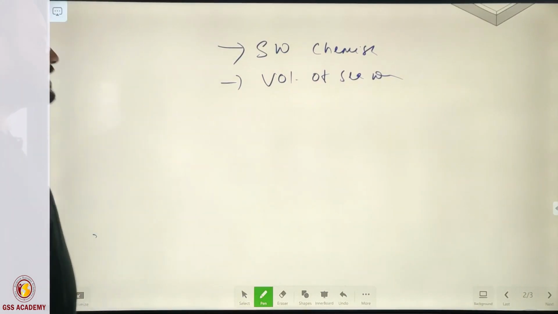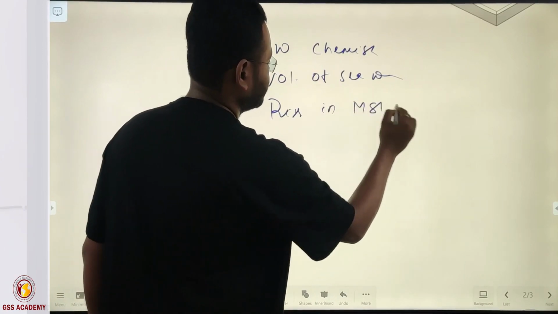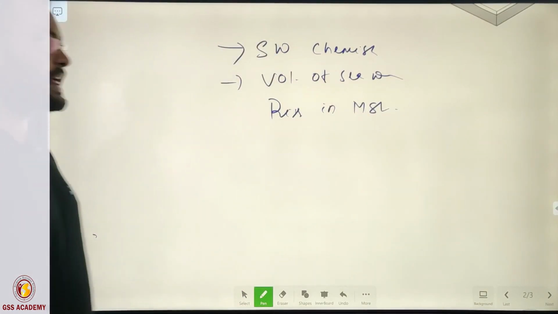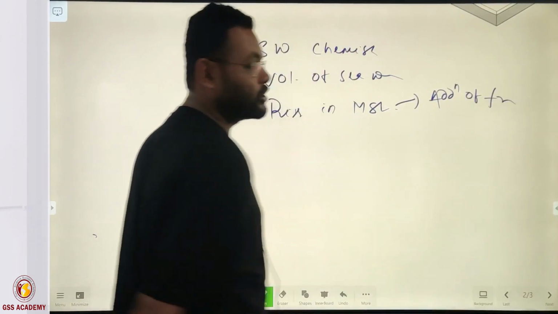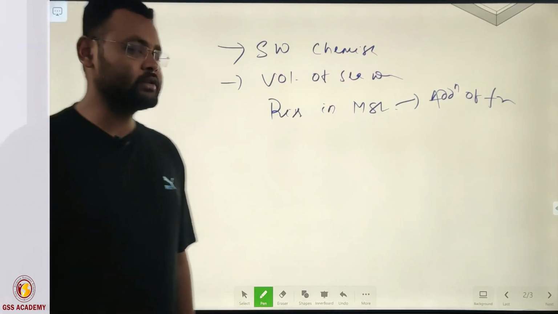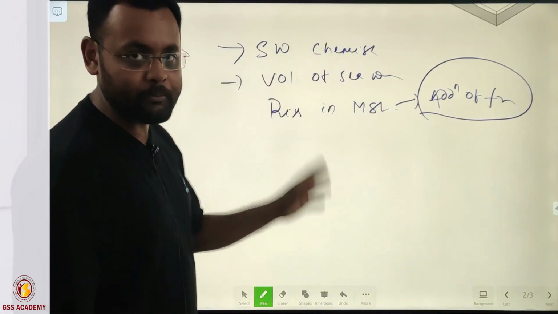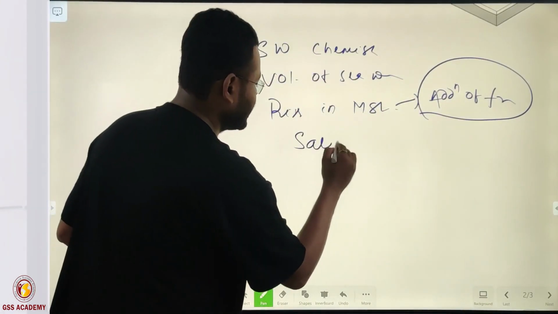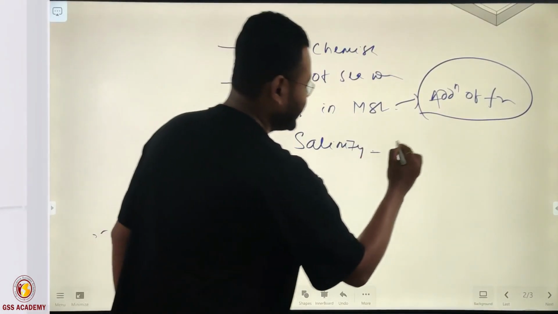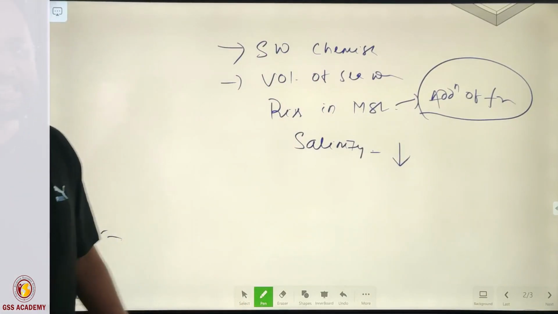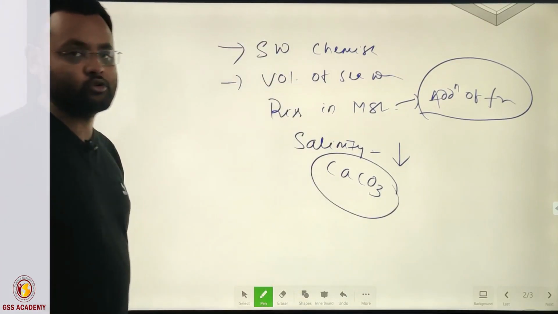For example, a rise in mean sea level means there is addition of fresh water to the ocean, and immediately the salinity of the open ocean water decreases, and under this decreasing salinity condition, calcium carbonate will start to deposit.